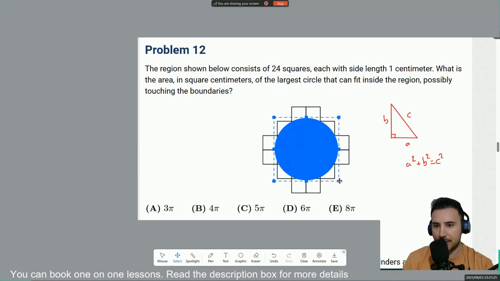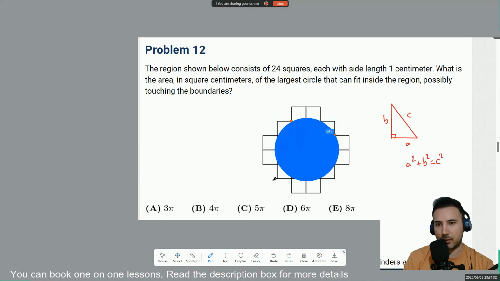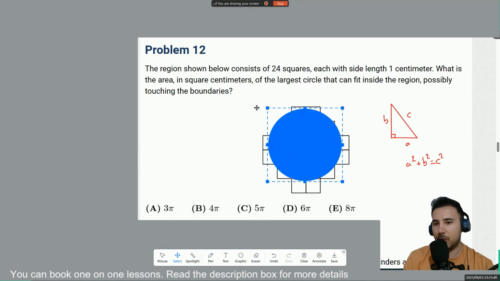It's already inside, but it's touching this point, this point, this point, this point, this point, and this point. Can I make it even a little bigger? No, because the moment I make this slightly bigger, I'm going outside these regions, right?